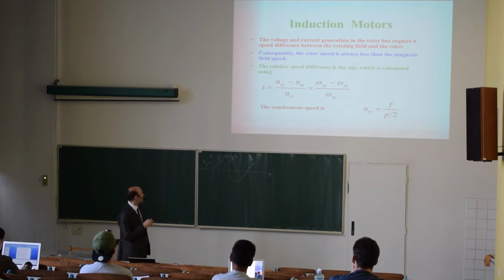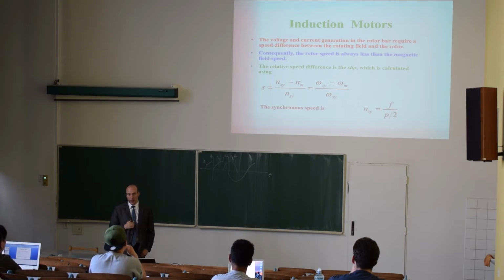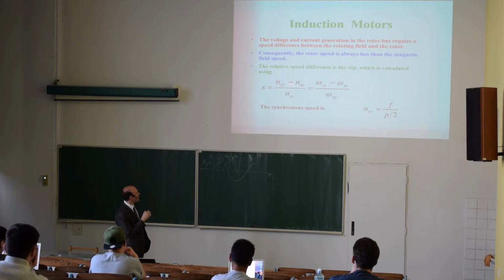So slip is defined by this equation. This is the synchronous speed, and this is the actual motor speed. And if slip is 0, it means this synchronous speed is the same like the motor speed, so it means the rotor is turning with the same speed like the magnetic field on the stator.